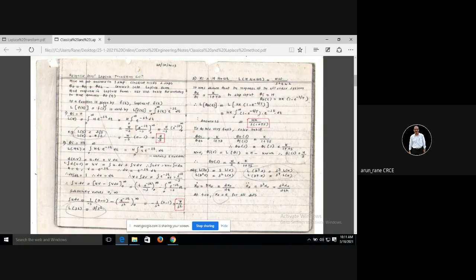If your time functions are simple, then you can find the Laplace very easily. But when it becomes complicated, like suppose your time domain is k by t e raised to minus t by t, then it becomes lengthy and tedious to find the Laplace domain.